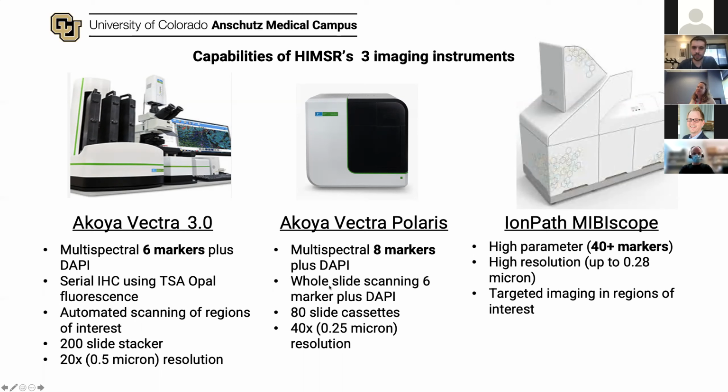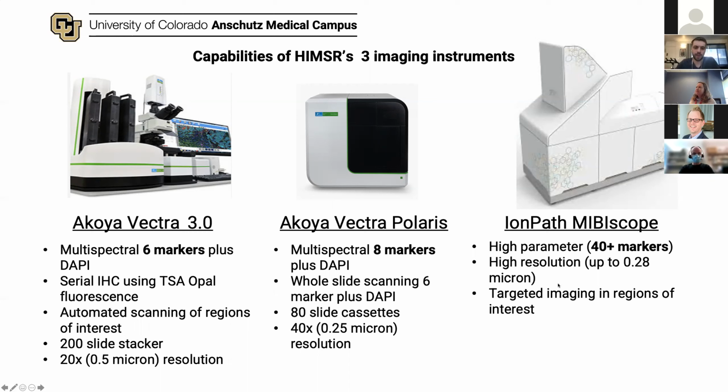So they have 2 extra filters that allow us to add either 2 extra markers or separate the colors a little better on a 6-color panel, so we don't have to use multispectral imaging and the tricks that involves. The Vectra Polaris also has a 40x objective. So in addition to protein assays, we're adding ACD assays to our repertoire. We can now do imaging of RNA probes as well on the Vectra Polaris.